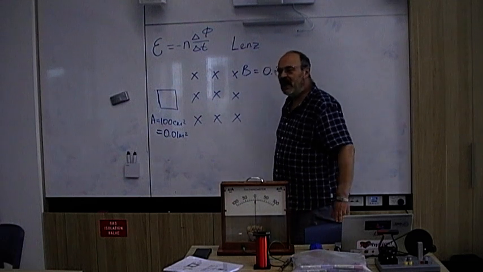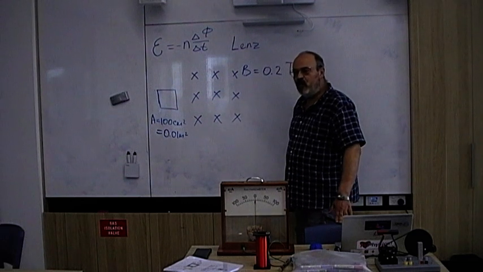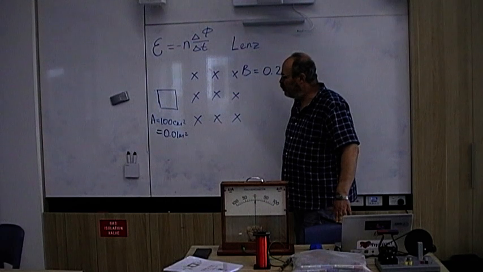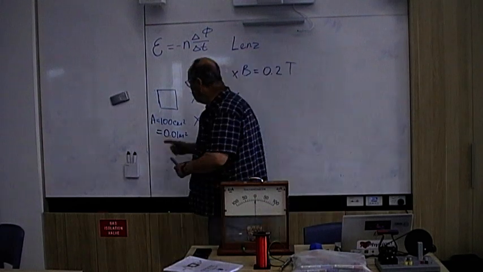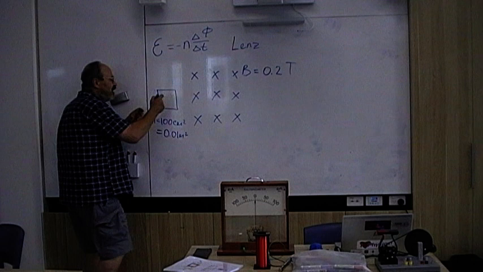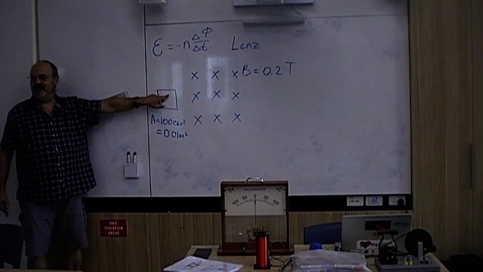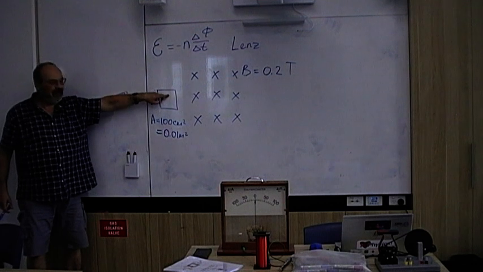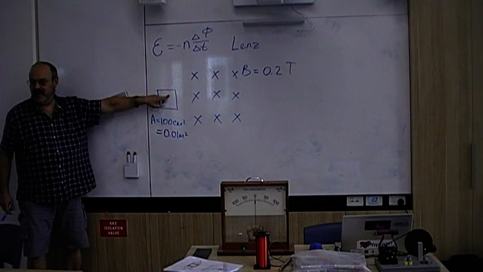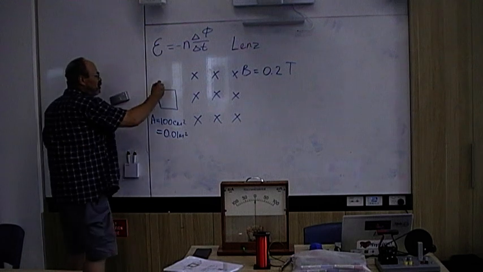Now, what will happen when we move this coil? To have an area of 100 square centimeters, what should be the side of the square? 10 centimeters, or in meters, 0.1 meter.